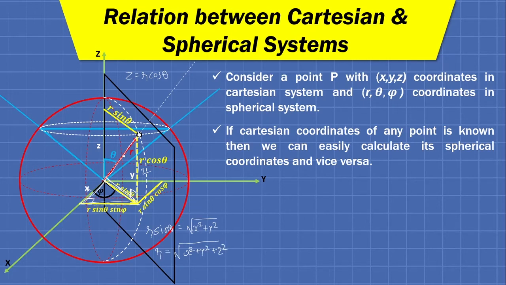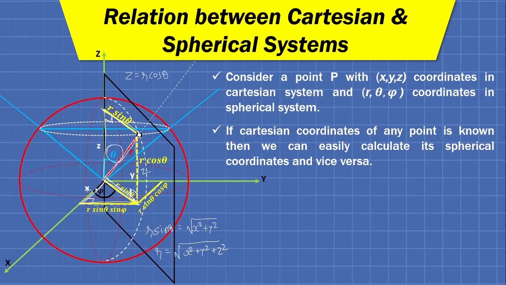Fine. Now to determine theta and phi, we can consider this right angle triangle, which is making 90-degree angle over here. Fine. And if we define sine theta or cos theta, then we can have the value of this angle.